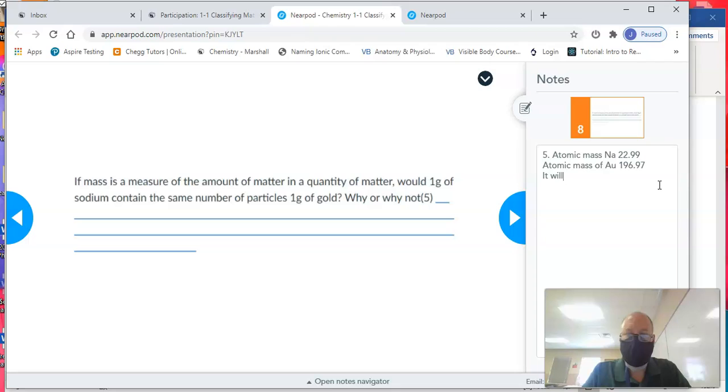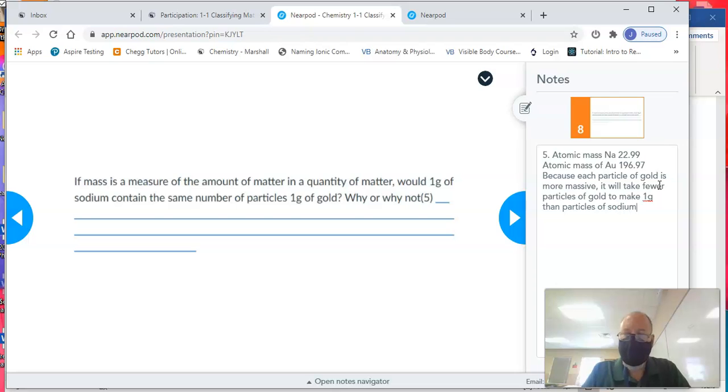Let's say it this way: because each particle of gold is more massive, it will take fewer particles of gold to make 1 gram than particles of sodium.